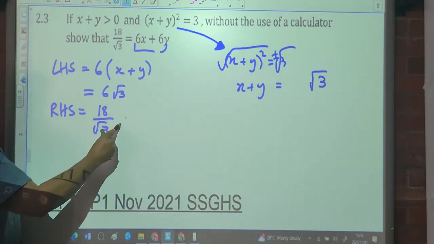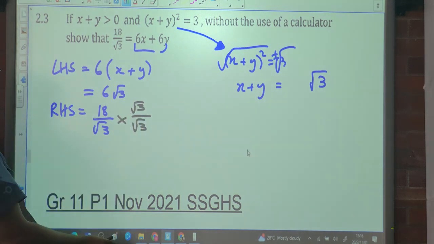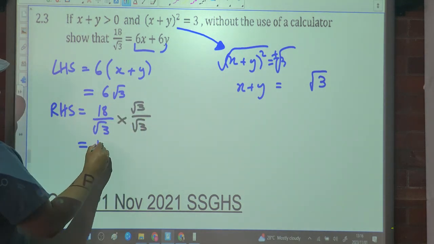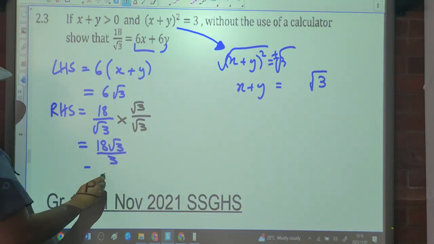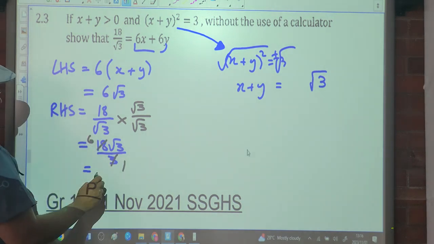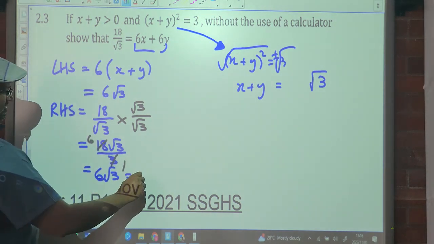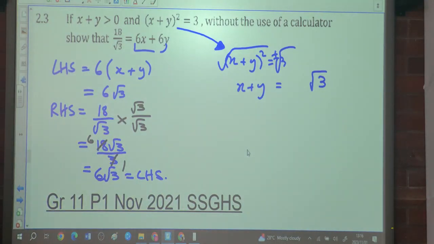I can rationalize this denominator by multiplying it by root 3 over root 3. What is 18 times root 3? 18 root 3. What's root 3 times root 3? 3. 3 going into 3 once. 3 going into 18? 6 times. 6 root 3 is equal to the left-hand side. Okay. Any confusion?